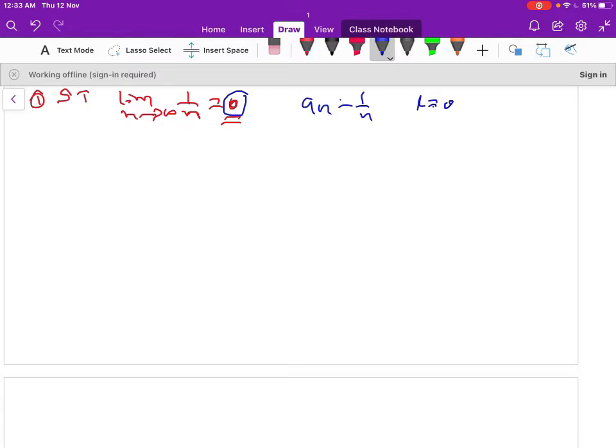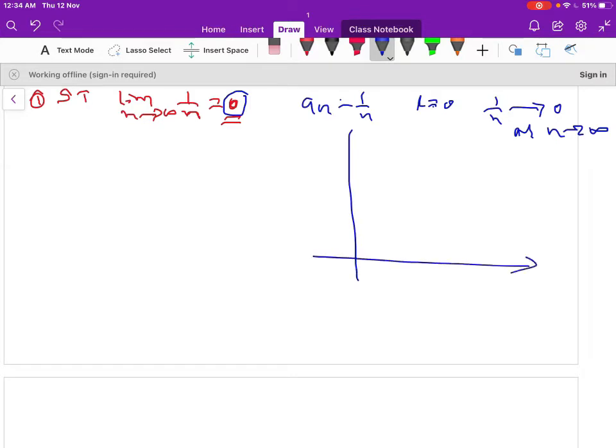Now to show that 1 by n approaches 0 as n tends to infinity, we can show it in two ways. The first one is graphically, the second one is through the definition of the convergence of a sequence. Let us show it graphically.